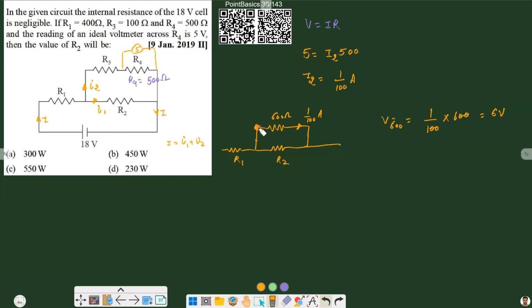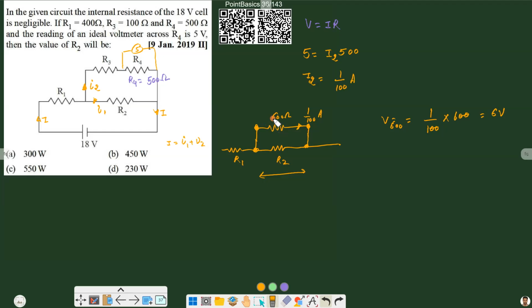So potential across this resistor is 6 volts, and this is also 6 volts, because R2 and the 600 ohm are in parallel, so the potential drop across both will be equal.